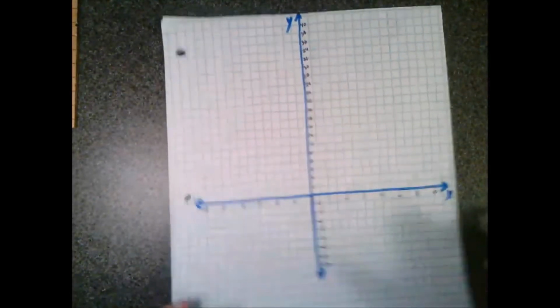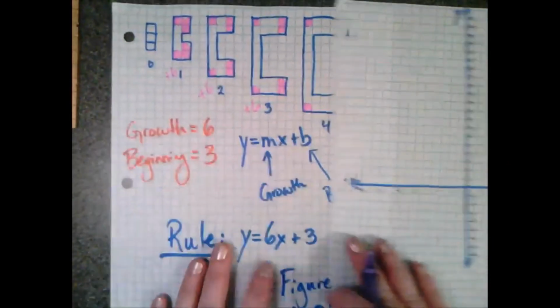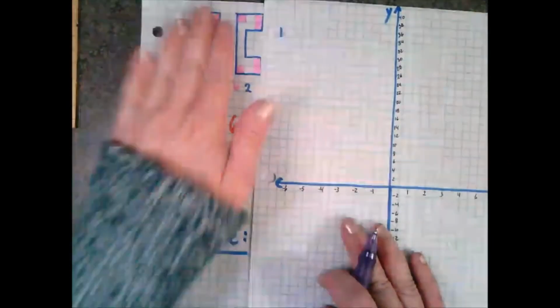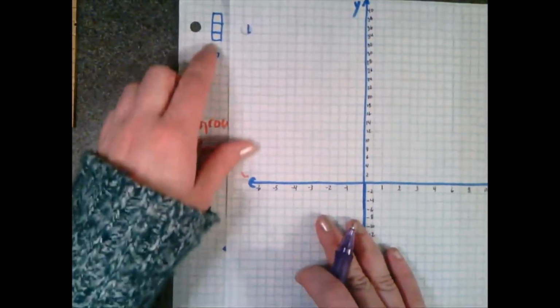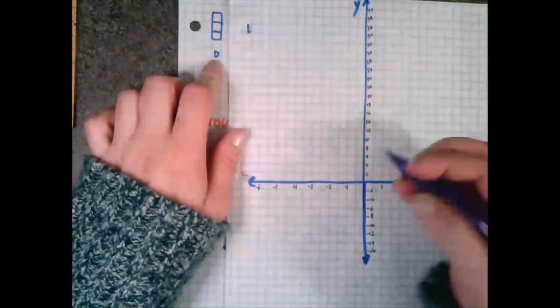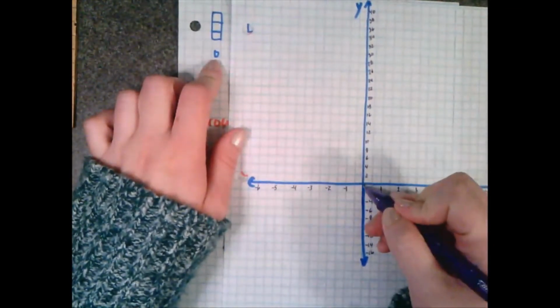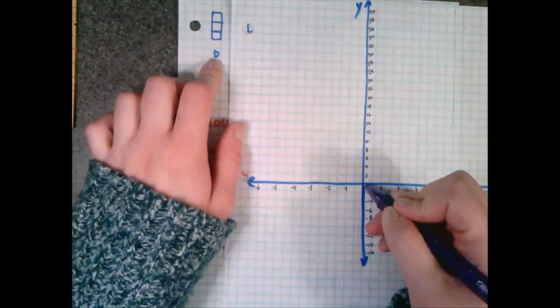So the next step we're going to do is I'm going to go directly from a pattern to a graph. And the way you do that is we start with figure 0. So remember that this is the origin. This is the middle, it's 0. It's always 0, always will be 0.